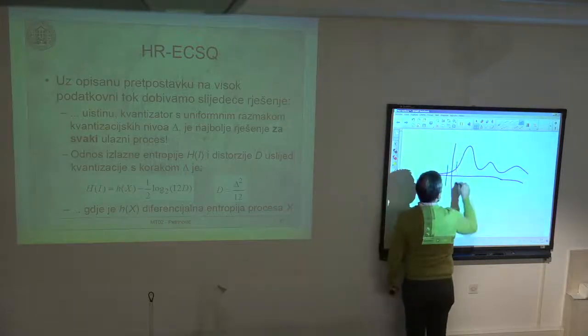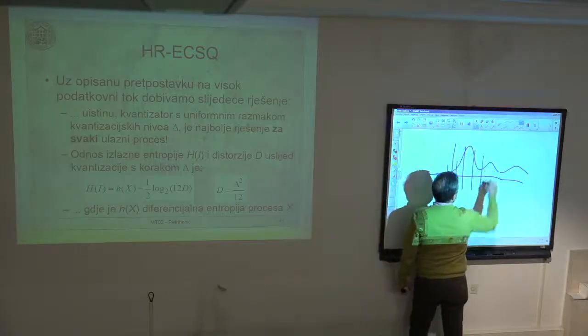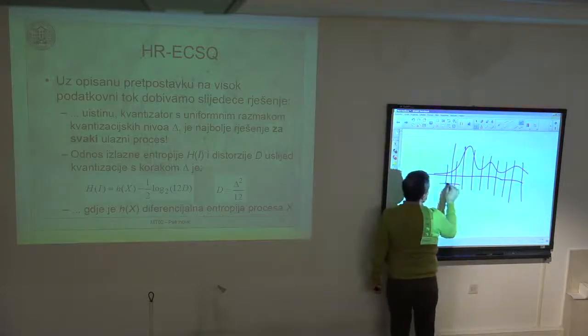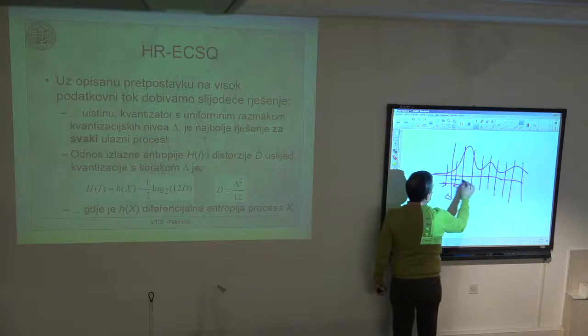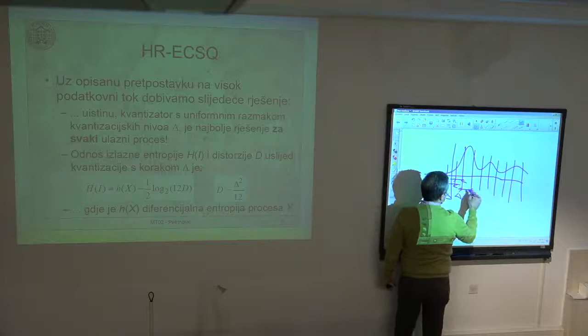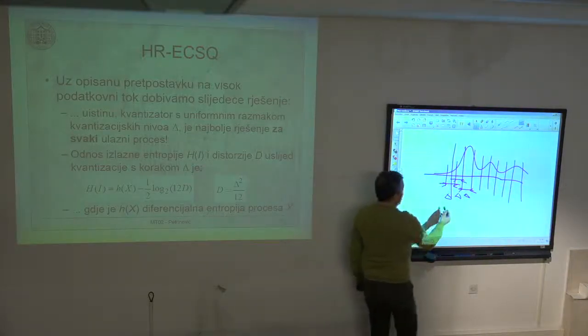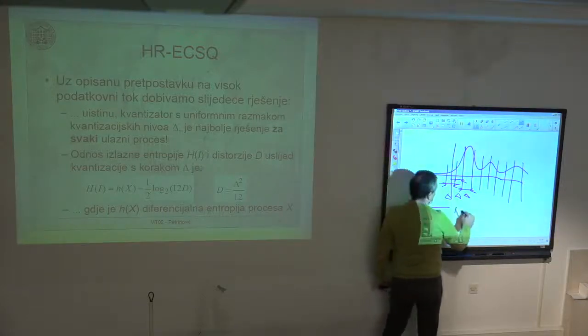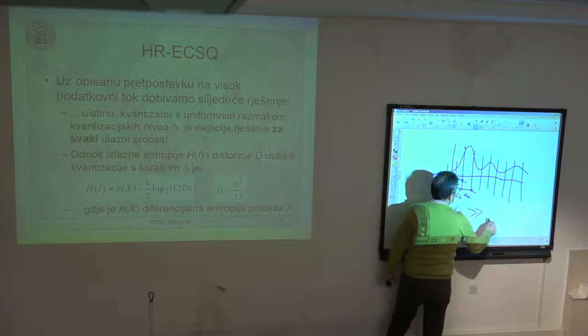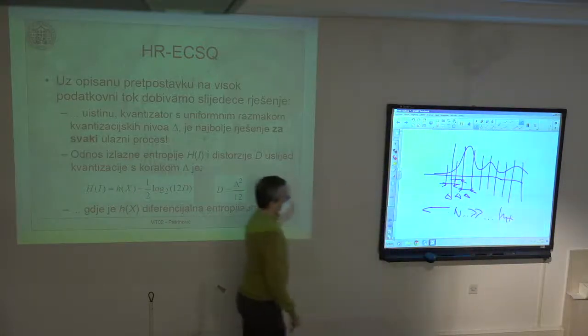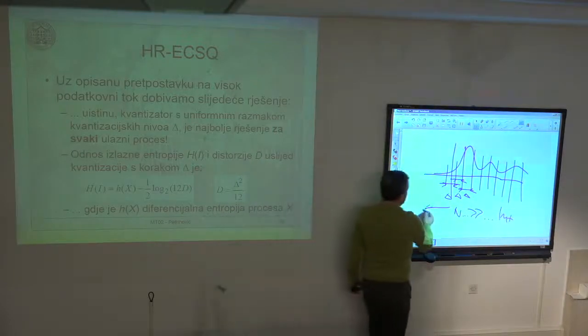So I simply take the uniform step size and I divide the process in equidistant cells. So each of these cells is delta wide. So each of the cells is the same width, delta. How many such cells do I have? Hypothetical, I have infinite number of cells. So n is some large number going to infinity. Okay? Because it goes to minus infinity to plus infinity.